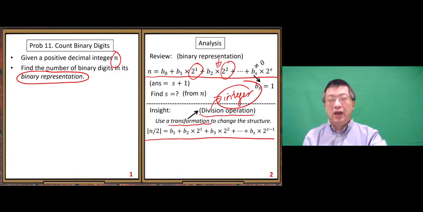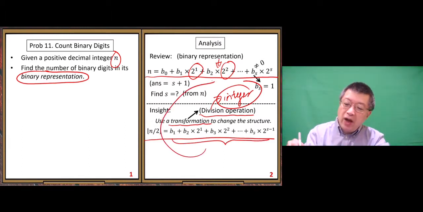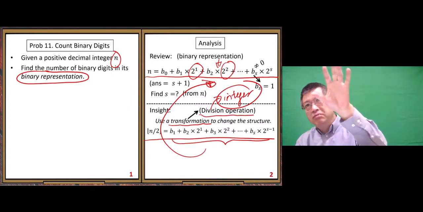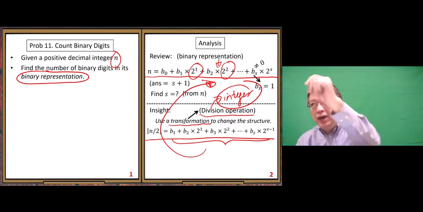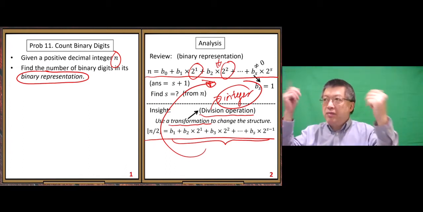Then the right-hand side, let us compare it with the original representation. Can you notice some difference, similarity? That observation is important, so we need to catch that and we can find something interesting.